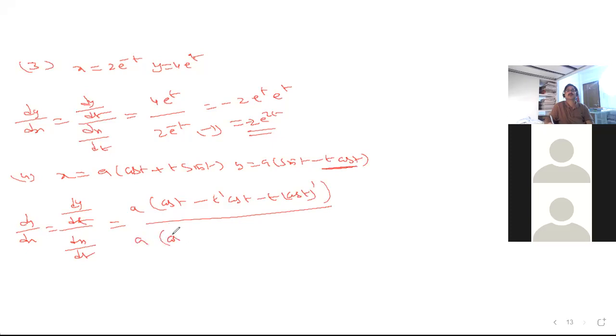Yes, sir. This is what: the derivative of cos t is minus sin t, and t dash sin t plus t sin t dash. Don't worry, like this: cos t, t dash goes to 1, then cos t minus into minus plus t sin t we will get t sin t.